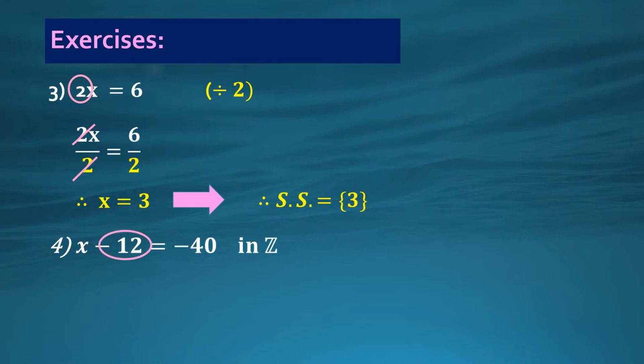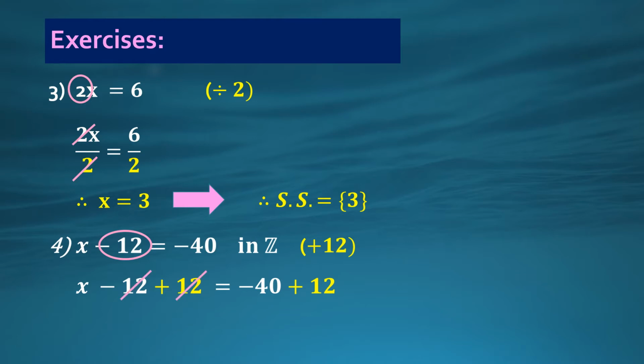In number 4, we have here a number subtracted from x. By using the opposite of the operation, we will add 12 to both sides. So x minus 12 plus 12 will be equal negative 40 plus 12.